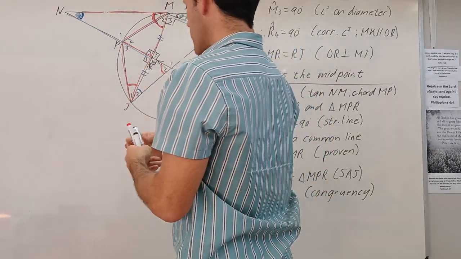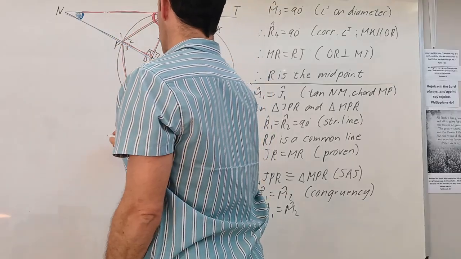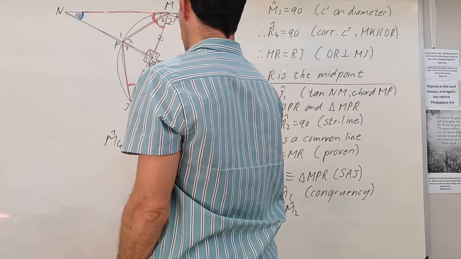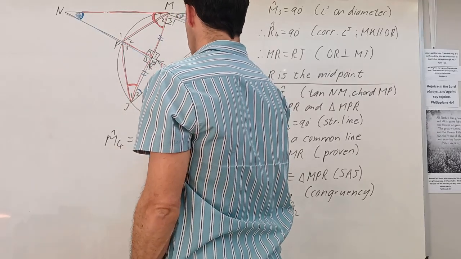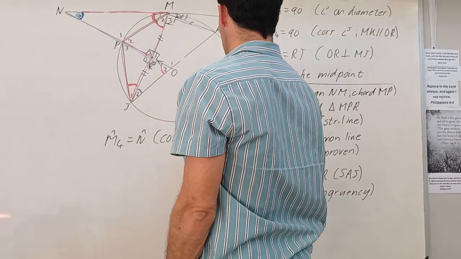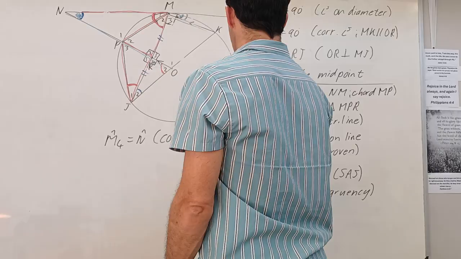So we can start by saying M4 is equal to N. Okay, and our reason, corresponding angles, because MO is parallel to MK.